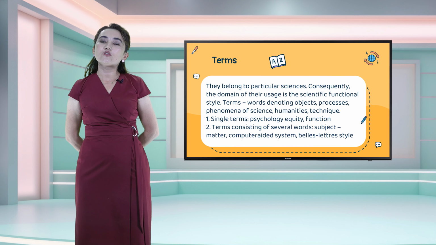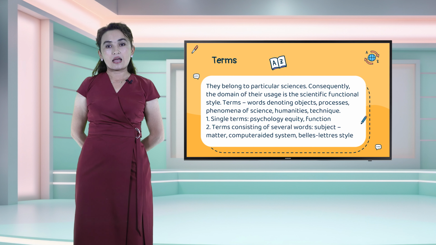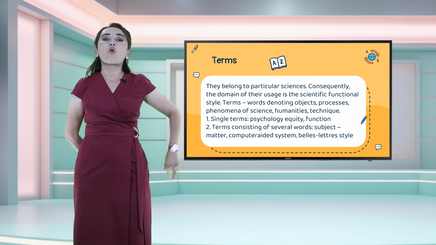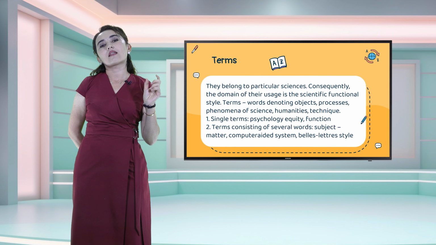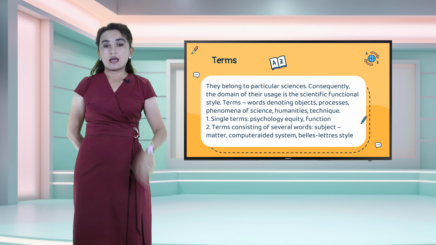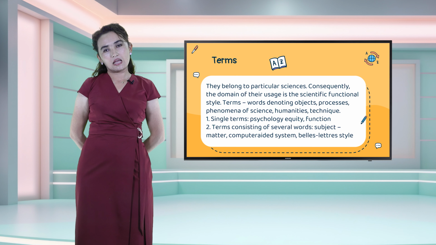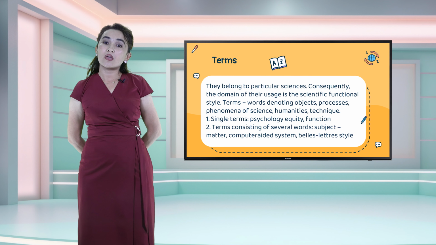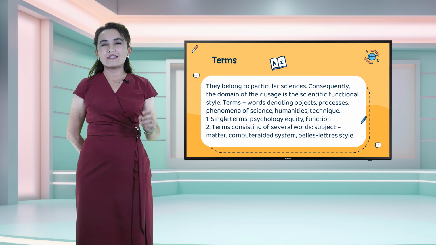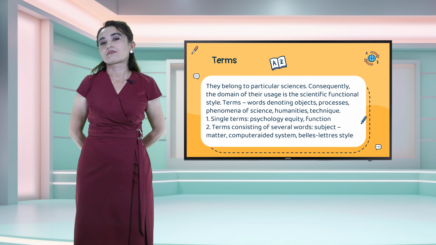And we have two kinds of terms. The first one is single terms, which consist of only a single word, like psychology, equity, and function. And the second one is terms consisting of several words, such as subject matter, computer-aided system, or, in stylistics, ballast letter style.